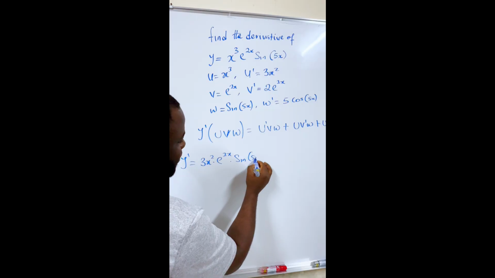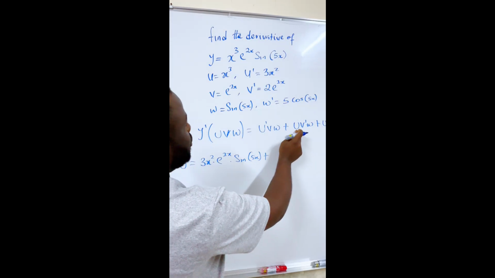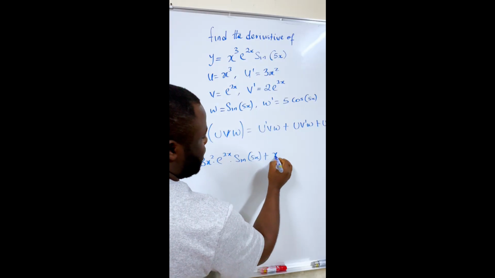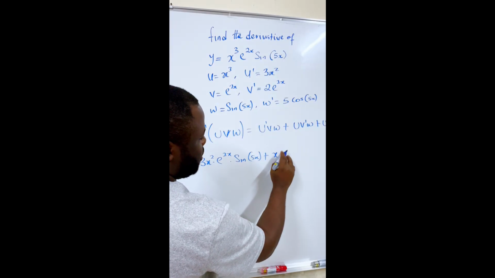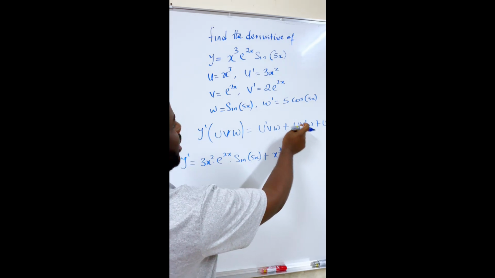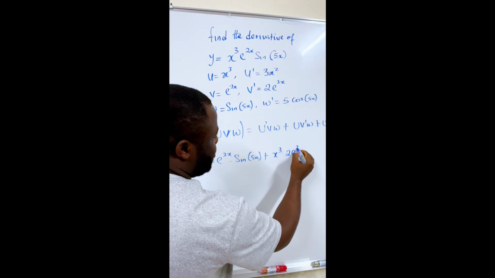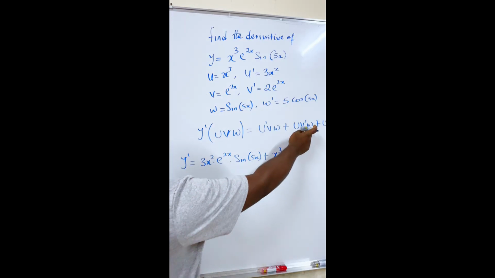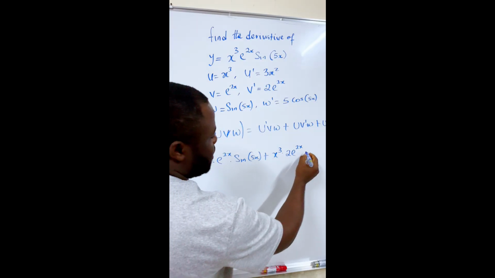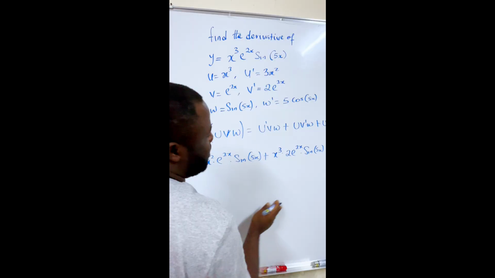sine 5x. Then plus, we now go to u. U is x cubed, multiplied by v prime. V prime is 2 multiplied by e to the power of 2x. Then w is multiplied by sine 5x.